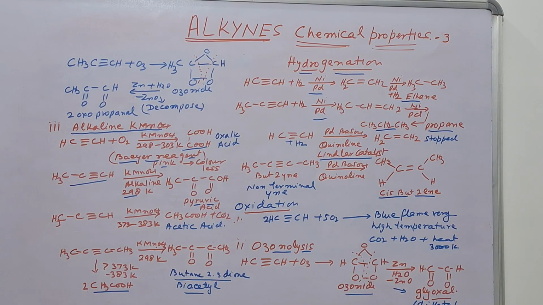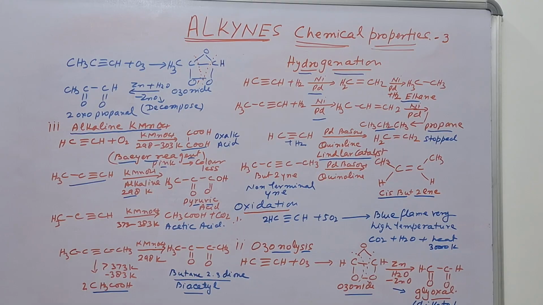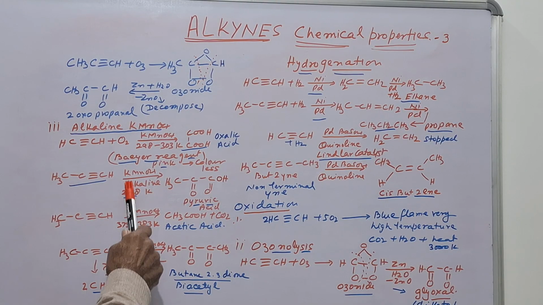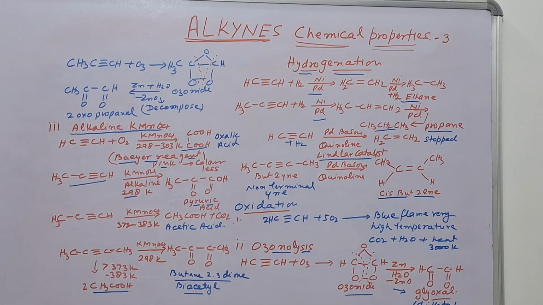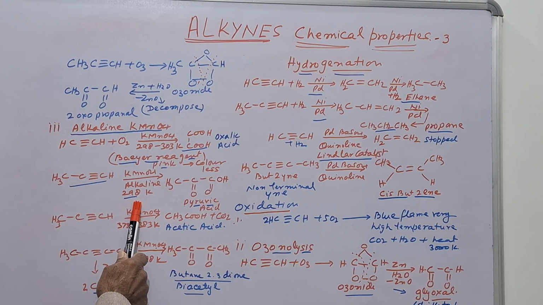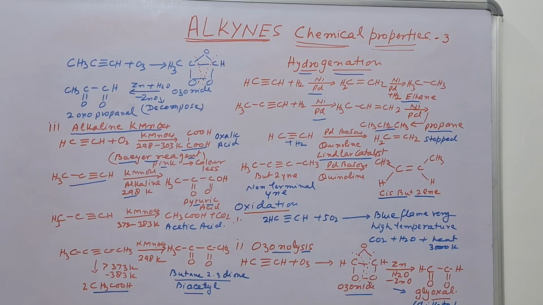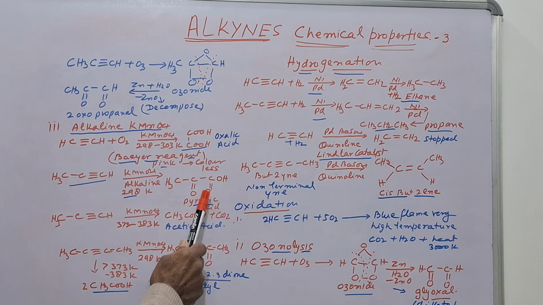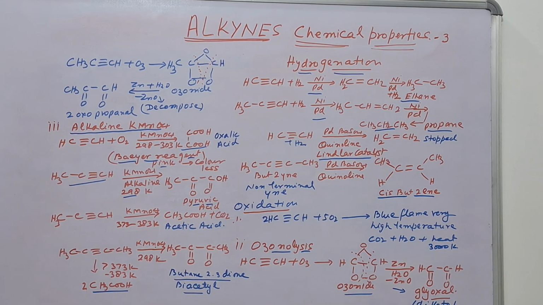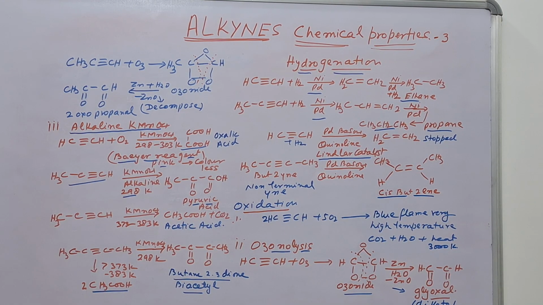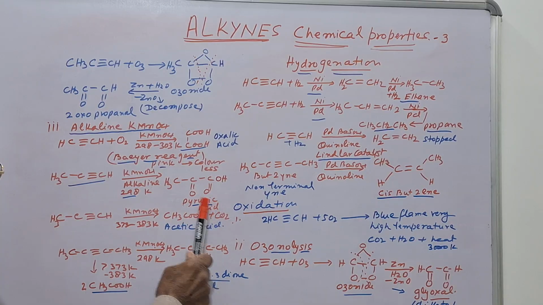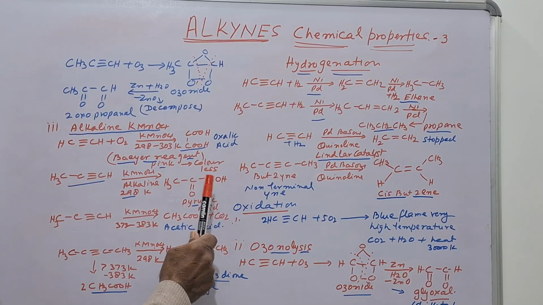Now, if we take the example of propyne with alkaline potassium permanganate, at low temperature it forms pyruvic acid, that is the keto acid, CH3COCOOH.